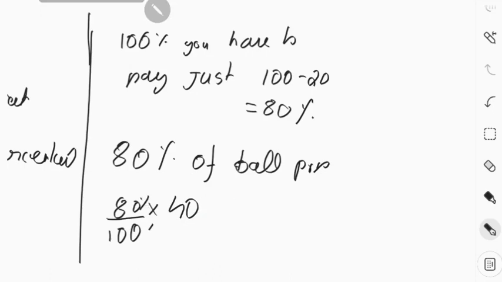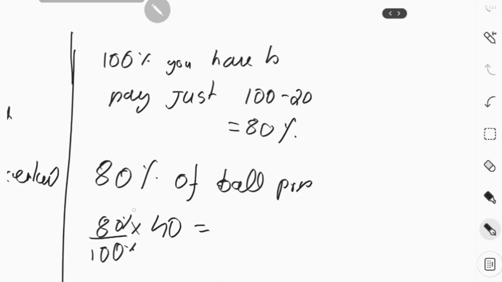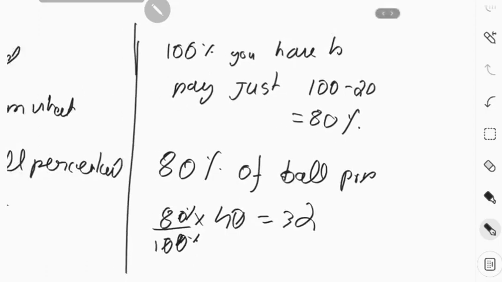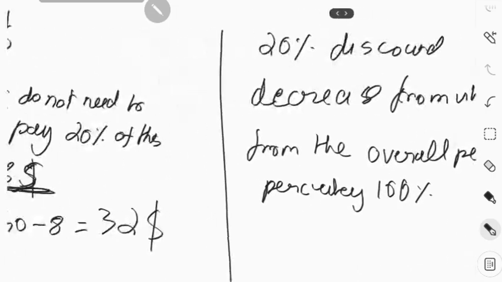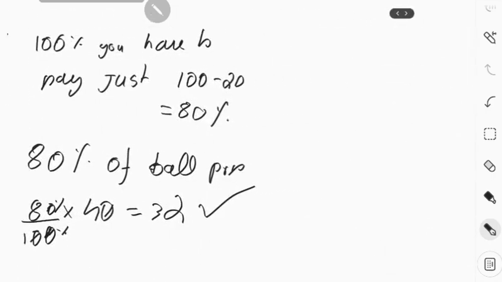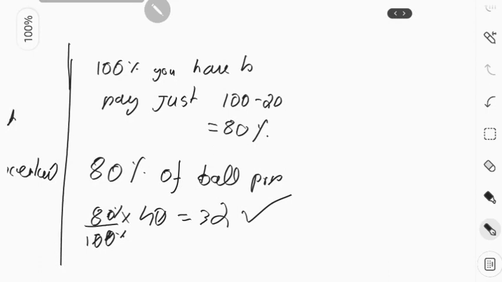The 0s cancel, the 0s cancel again. 8 into 4 is 32. You're getting the same answer again. This one is much easier, and you should learn this one.